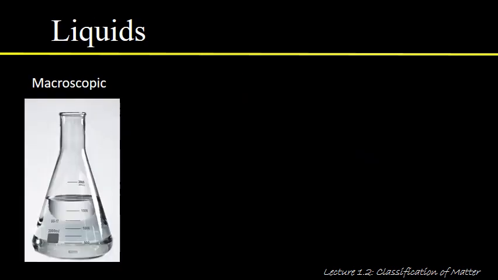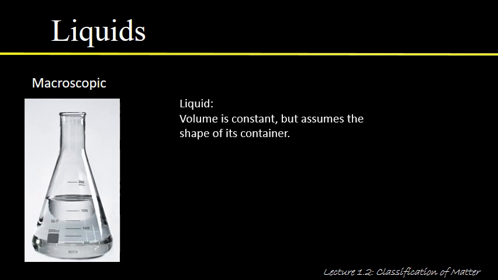All right. Compare that to liquid. And liquids are those things for which the volume is constant, but it assumes the shape of its container. So if we had some water and we put it in a beaker, water would look like that.